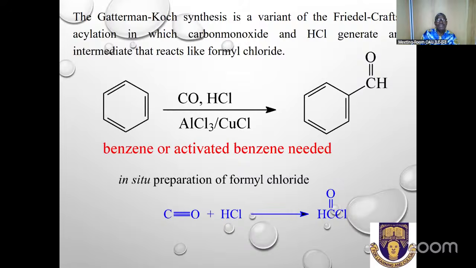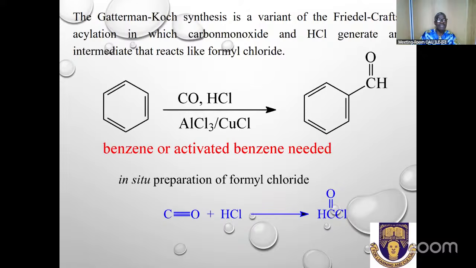Now, another which is a variant of the Friedel-Crafts acylation is called Gattermann-Koch synthesis. Gattermann-Koch synthesis is a variant of the Friedel-Crafts acylation in which carbon monoxide and HCl generate an intermediate that reacts like formyl chloride.